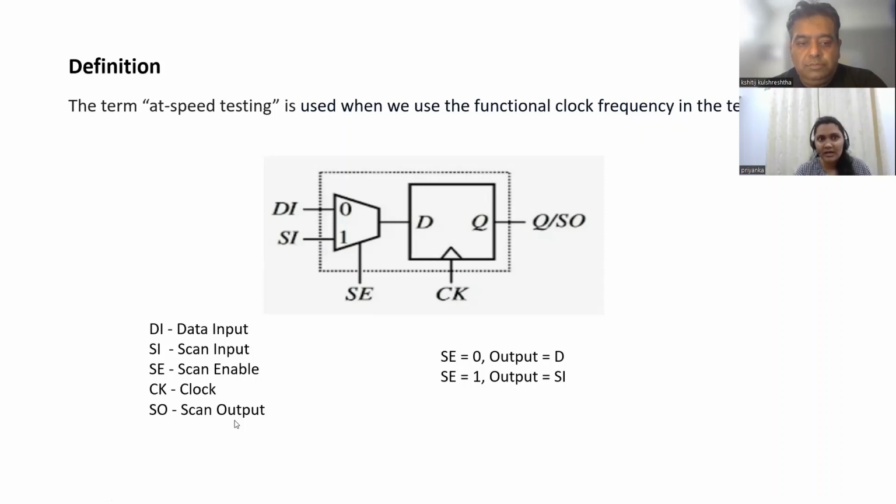So generally, whenever we are doing at-speed testing, we take the frequency of the functional clock. Whenever you are doing any at-speed testing, our focus should be on the functional clock. So this is all about at-speed testing. Okay, that's a nice description you have given. But can you highlight a little bit about the at-speed fault model?